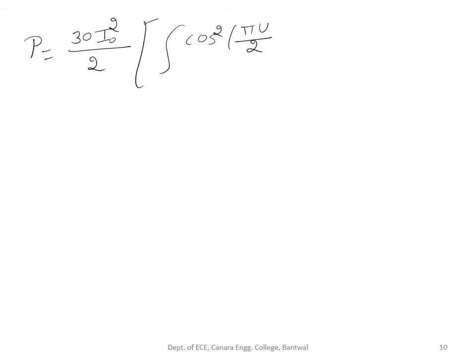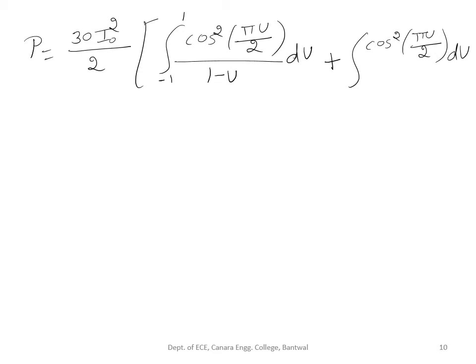After substituting 1 by 1 minus u square in the radiated power equation, we can write the radiated power equation as 30 I naught square divided by 2 times integration of cos square of pi u by 2 divided by 1 minus u du, limit minus 1 to 1, plus integration of cos square of pi u by 2 divided by 1 plus u du, limit minus 1 to 1.